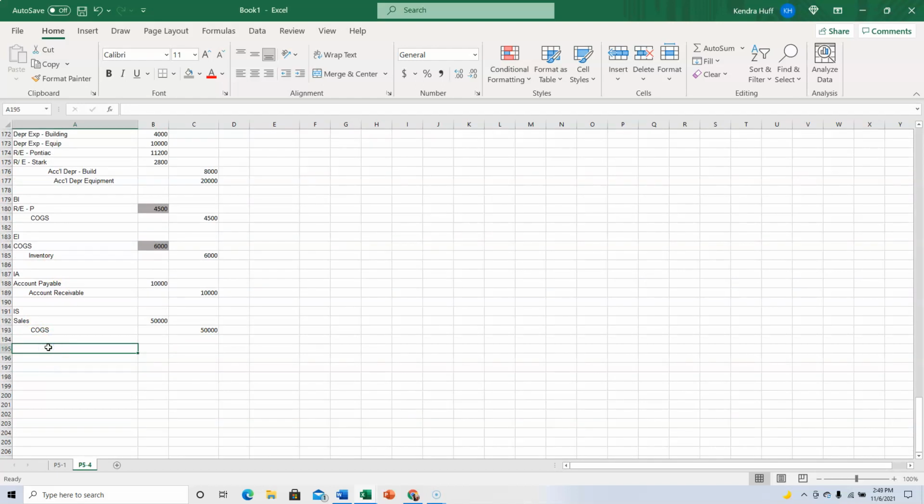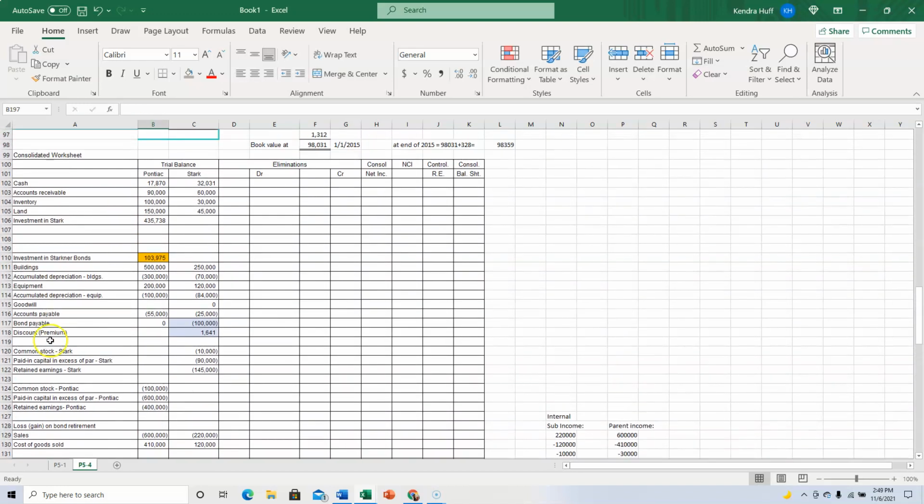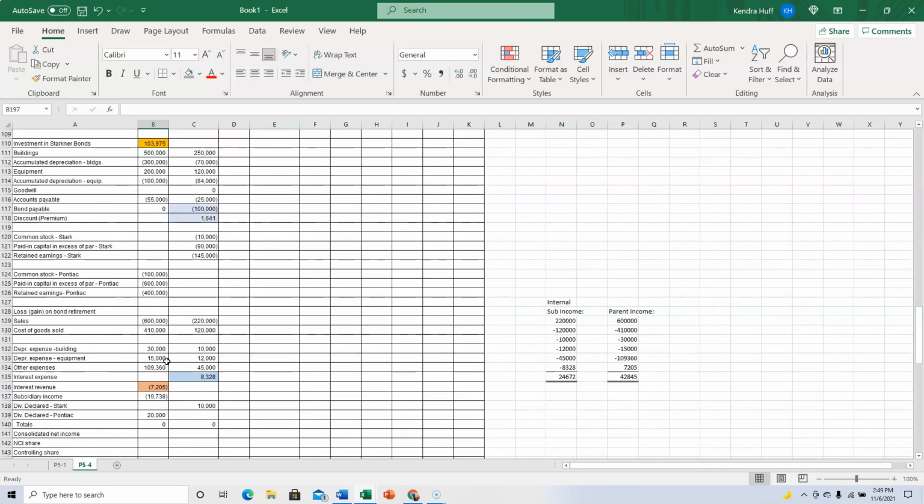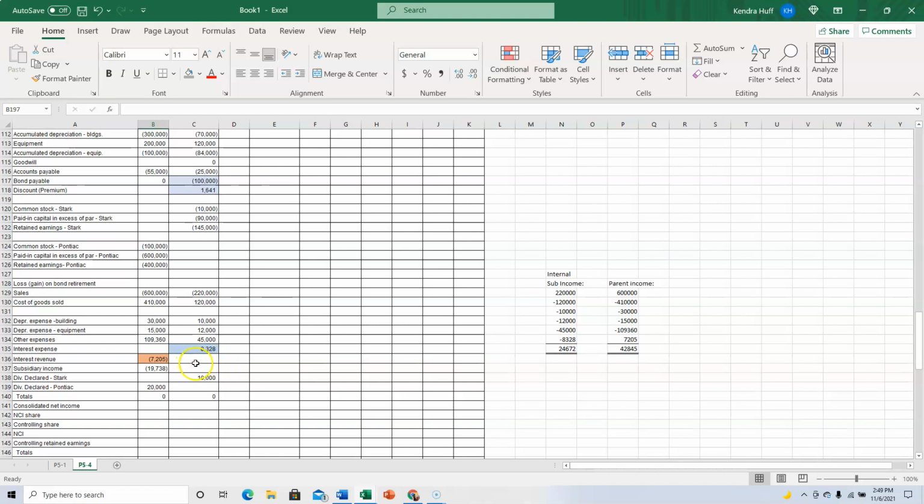All right, now I need to do the bonds. So we have bonds payable, and bonds payable are always at the face value. If you look up here, here's our bonds payable. The discount has to come off, and the investment in Stark bonds has to come off, plus these interest accounts.